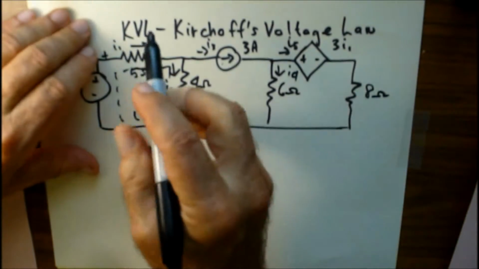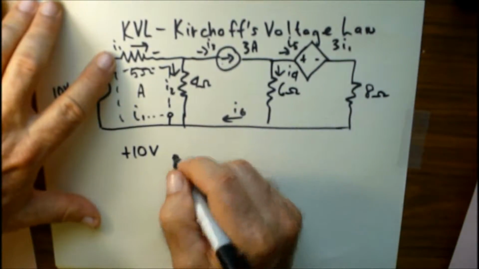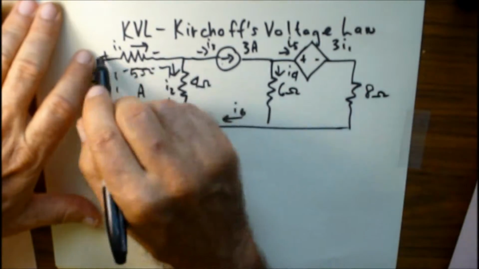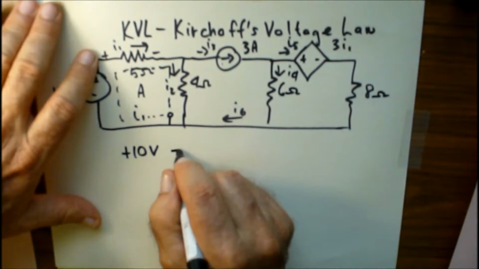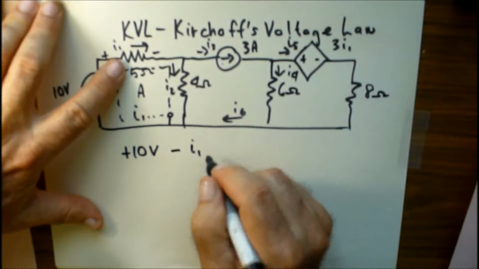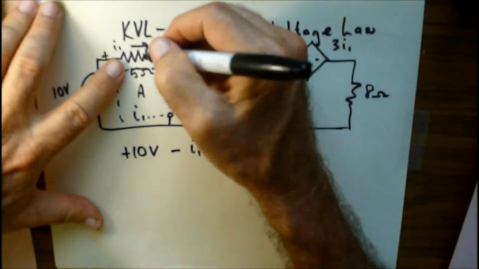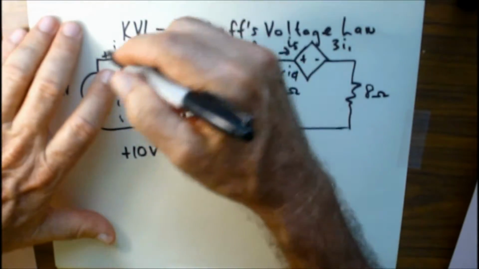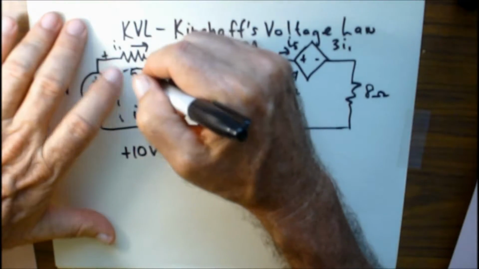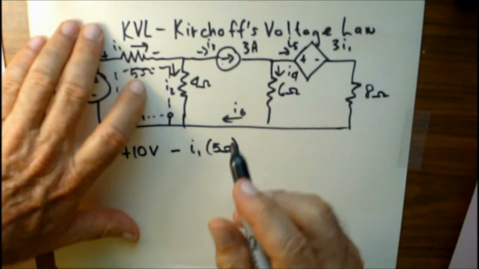Now the next voltage we're going to cross is here at this 5 ohm resistor, and that's going to be from positive to negative, so that's going to be a decrease. So we're going to say minus I1 times 5 ohms, right? Because this is I1 times 5 ohms equals the voltage, E equals IR.